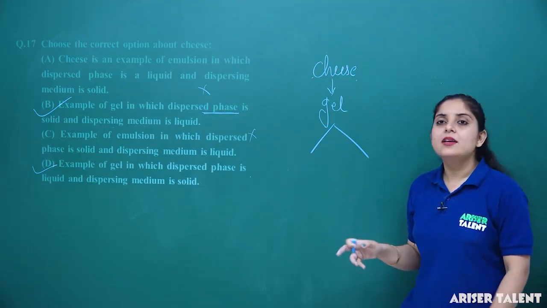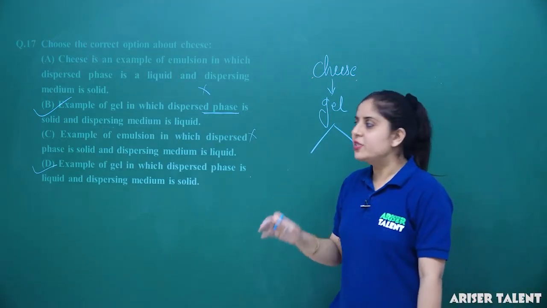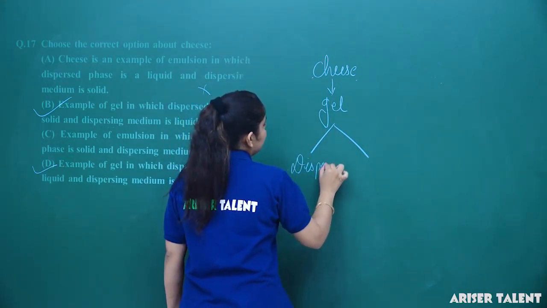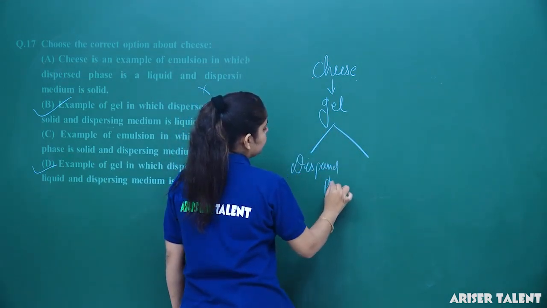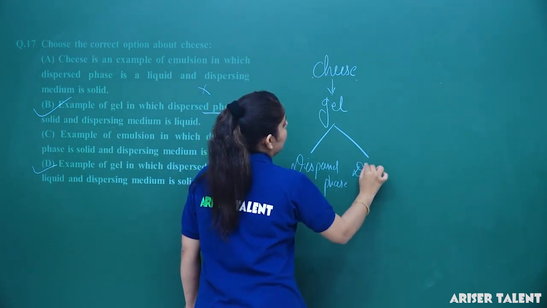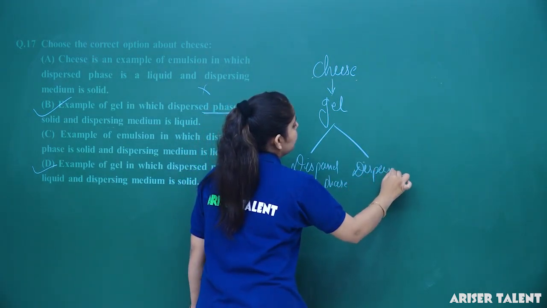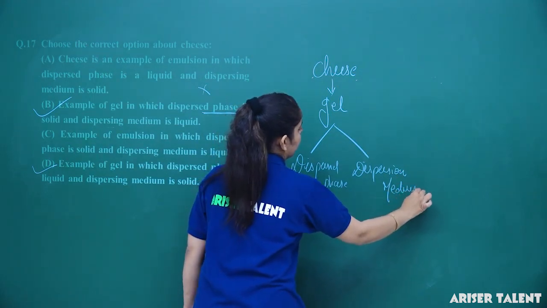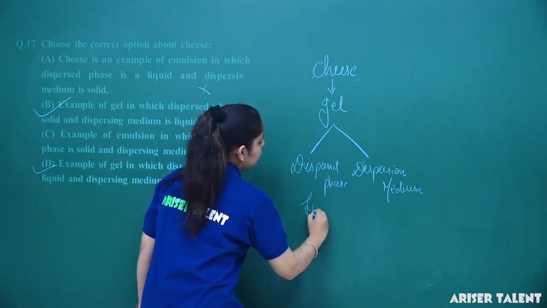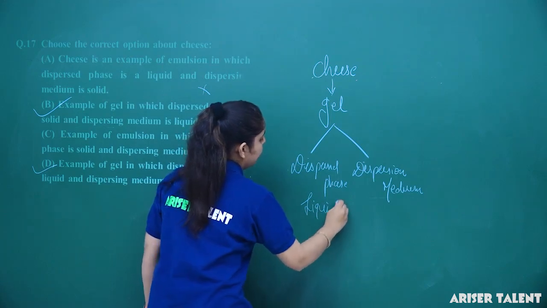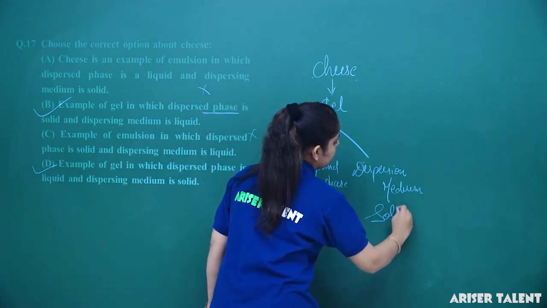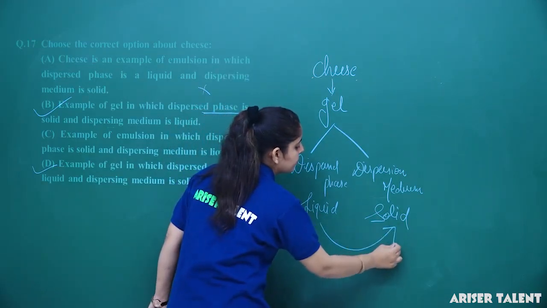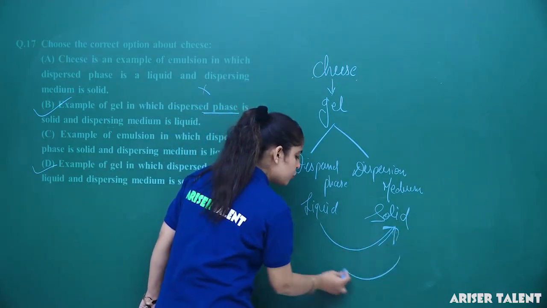So you will say that cheese is an example of a gel, but the dispersed phase is liquid and dispersion medium is solid. So cheese is an example of liquid in solid.